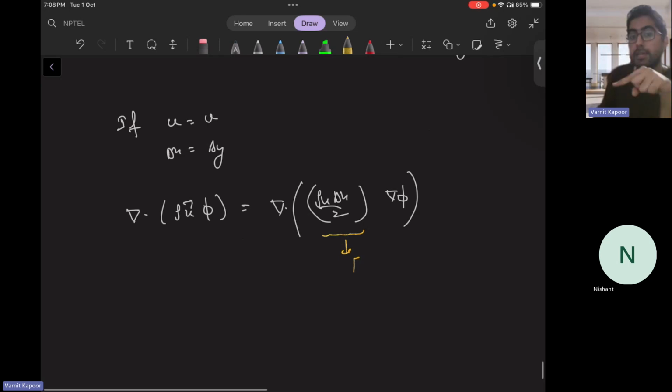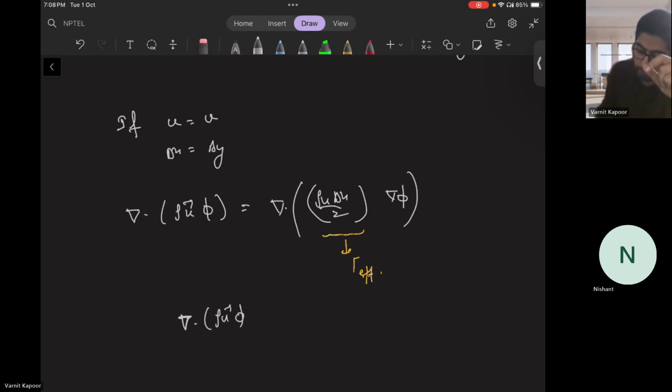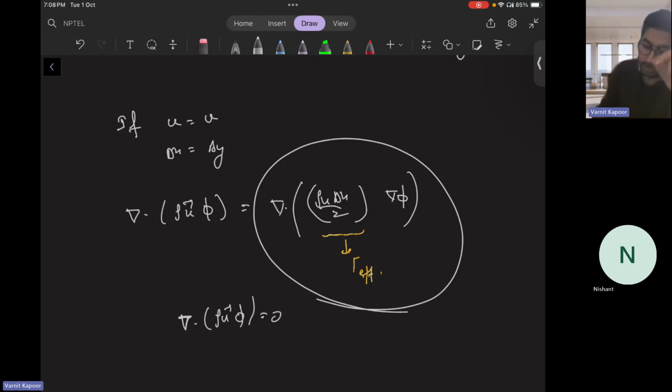Using the upwind differencing scheme, you see that there is a gamma effective happening here. But we wanted to solve a problem which was only del dot rho u phi equal to 0. So some extra term is there on the right hand side. That is nothing but a diffusion term, just creating a smear kind of solution.